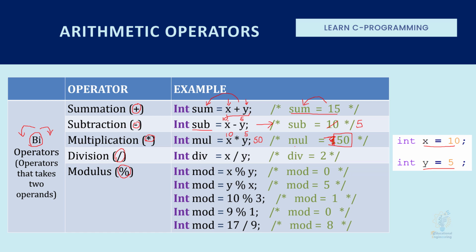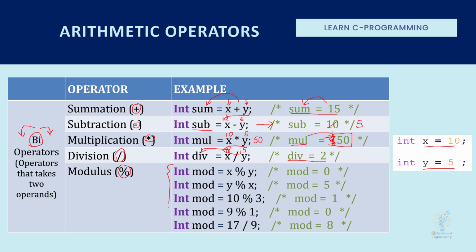So the variable called multiply will be 50, which is an integer. Now we also have the division, x, which is 10 divided by 5, which is basically an integer. 10 divided by 5 equals 2. So the result will be stored inside the division variable, which is basically 2.